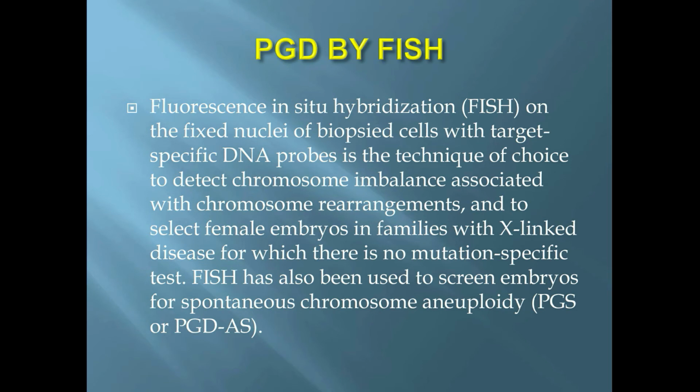And this technique is of choice, of course, to detect chromosomal imbalance associated with chromosome rearrangement, and to select female embryos in families with X-linked disease for which there is no mutation-specific test. FISH has also been used to screen embryos for spontaneous chromosome aneuploidy, which is known as PGS or PGD-AS.